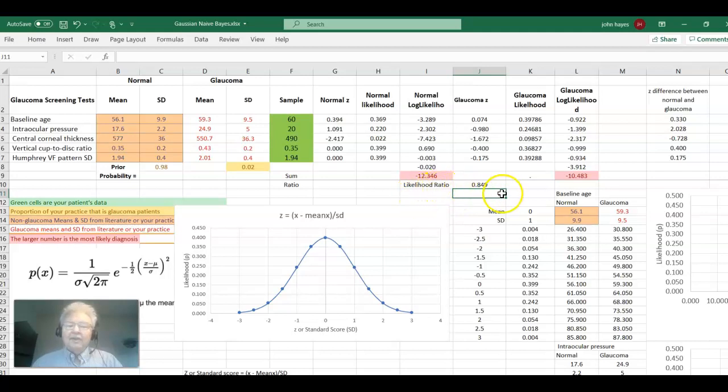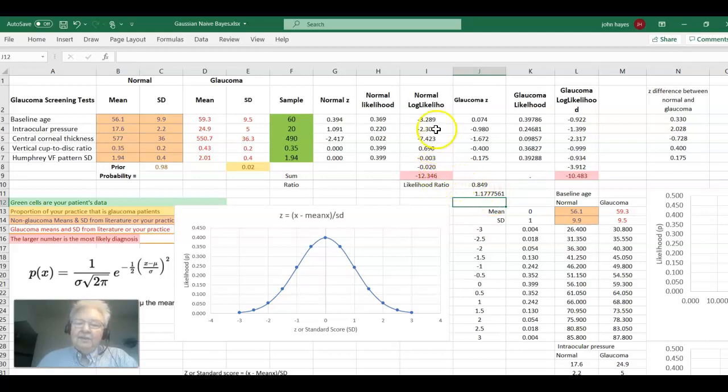So this person has a 0.849, and sometimes it's easier, that's why I did it the other way, to take the inverse. So a person in this case is basically 17%, or 0.849 less likely to be normal, 17% more likely to have glaucoma.